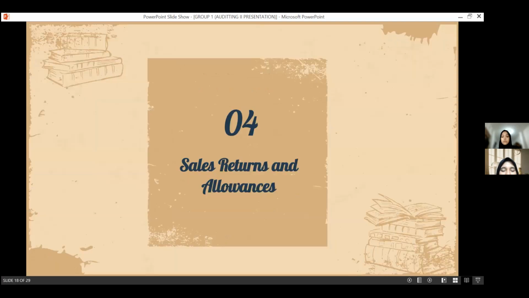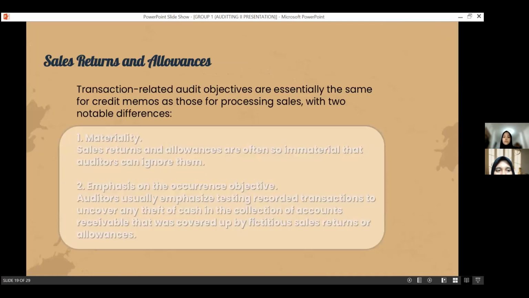Four, sales return and allowance. Transaction-related audit objectives are essentially the same for credit memos as those for processing sales, with two notable differences. The first, materiality.